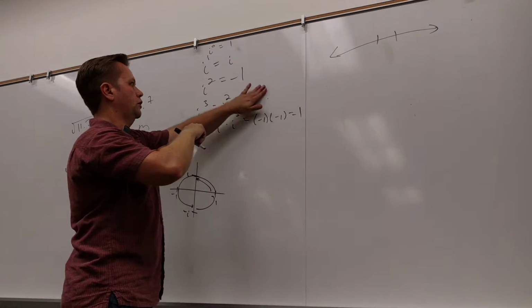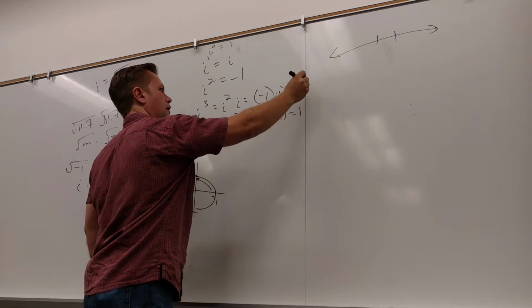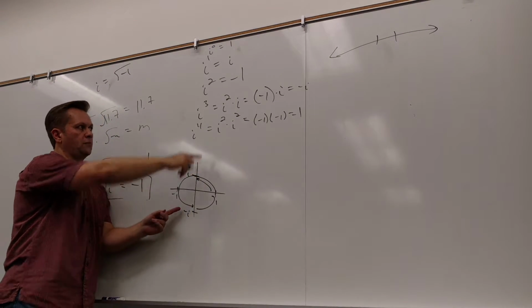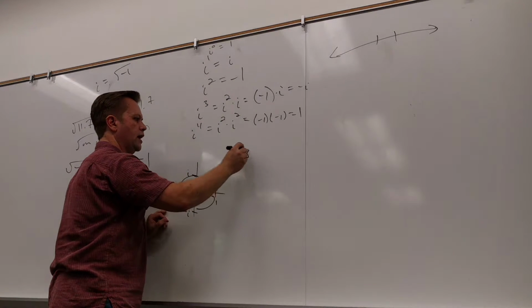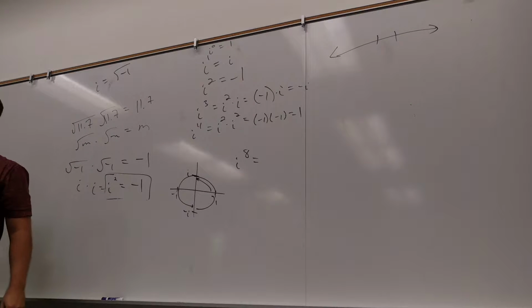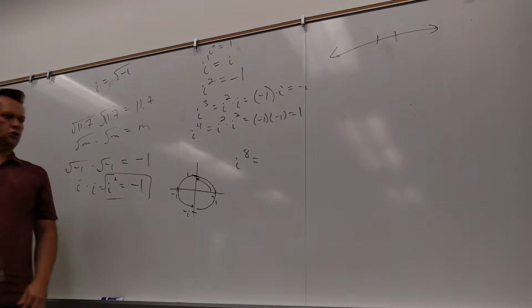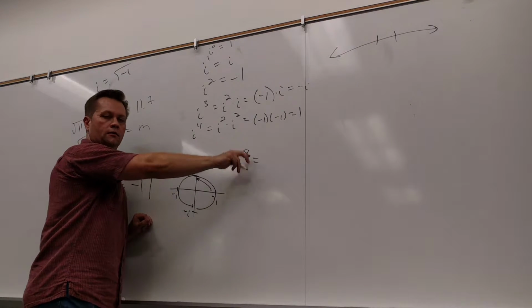I squared, what's I squared? -1. And I just love this because it's a beautiful visual that picks up all of these. So now watch. Who knows what I to the 8th is? 1. Because you do 4 and then another 4. Every 4 comes 1 again.